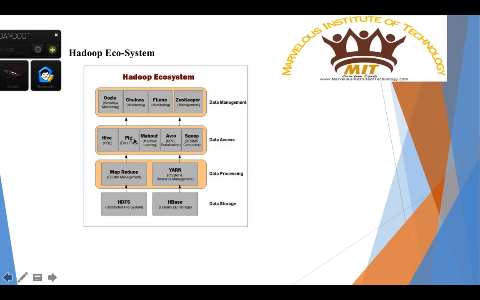And if you want to configure your job flows, we have Oozie, where you can configure which job has to run first and which job has to run next. We'll see all this in detail, one by one, in the coming slides.